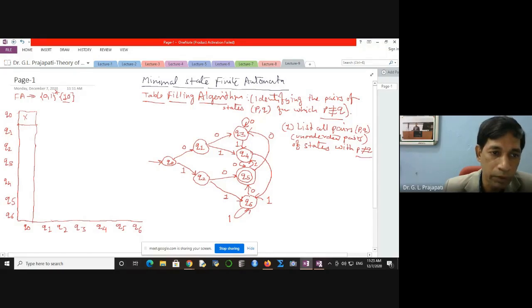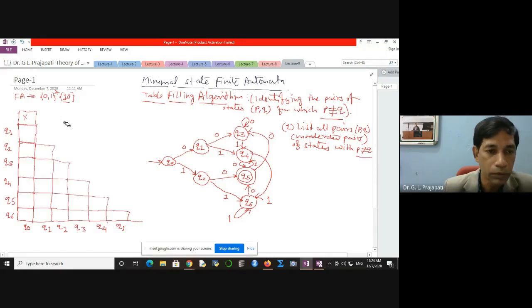So we are only interested in this much number of pairs. We are not going to consider this, and we are also not going to consider this diagonal. This is somewhat the construction of the table. So what we have seen is that we need to list all pairs PQ, which are unordered pairs of states with P not equal to Q.